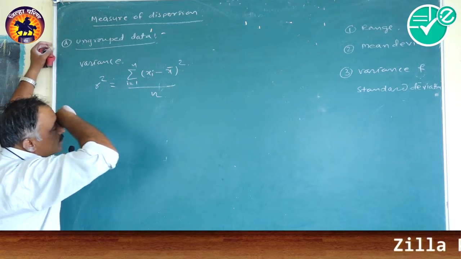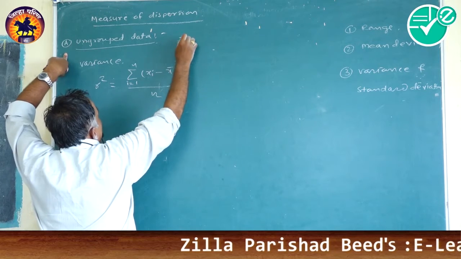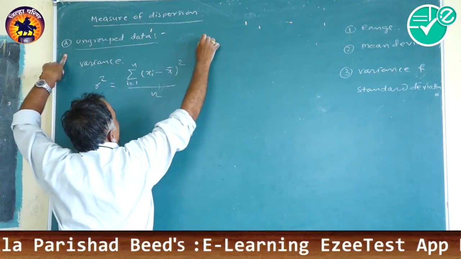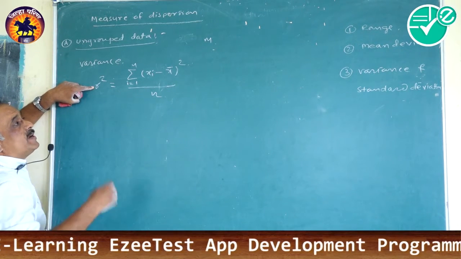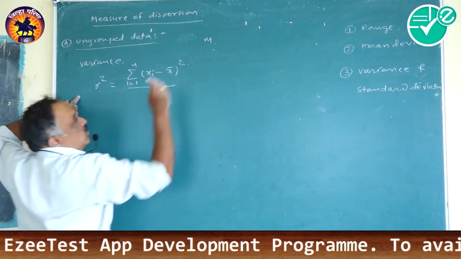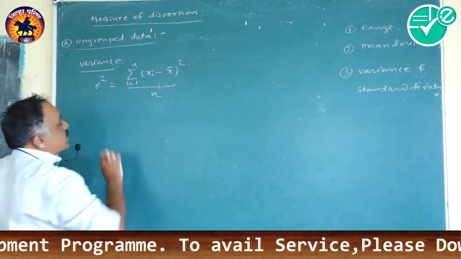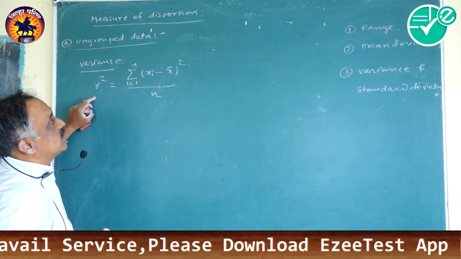This is the variance. Of course, it is very obvious that if the given data has unit meter, the unit of sigma square, that is variance, will be meter square. So it is not actually a real representation of the measure of dispersion.